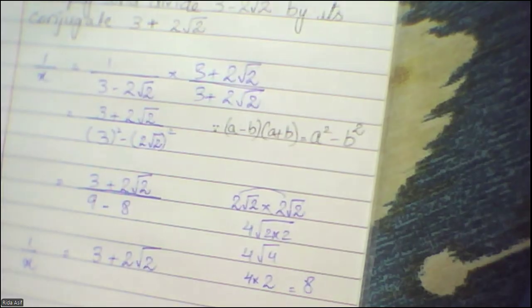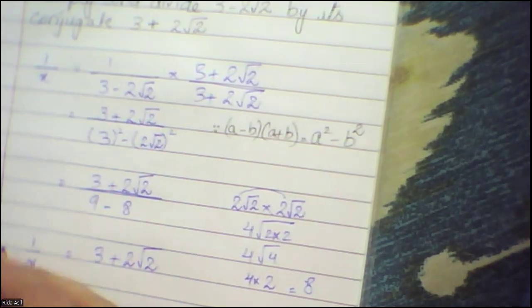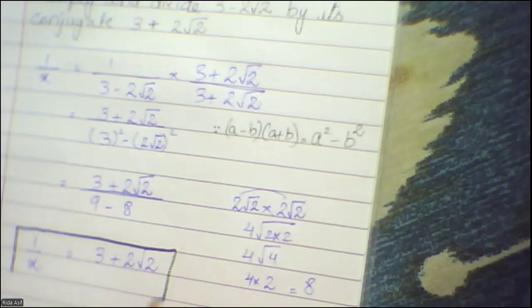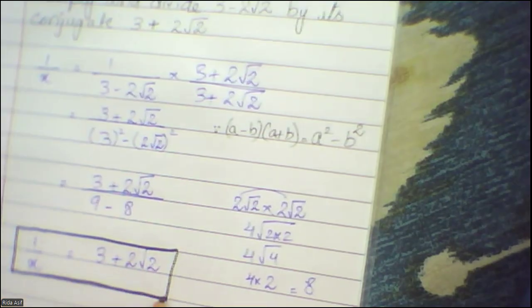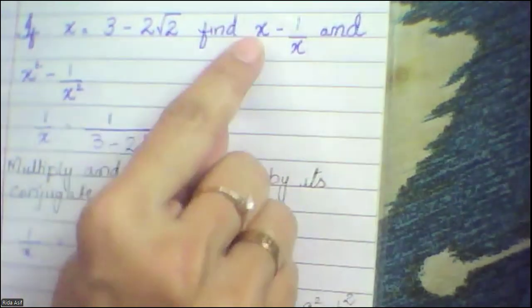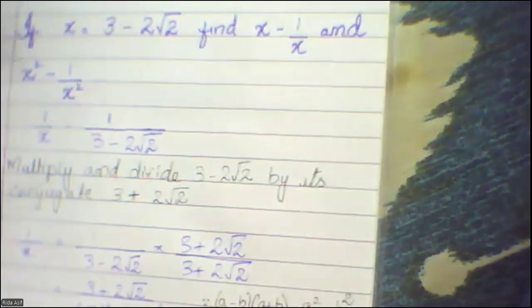So in this way, we can find 1 over x. Students, is it our answer? No. We have to find not only 1 upon x, we have to find x minus 1 upon x.